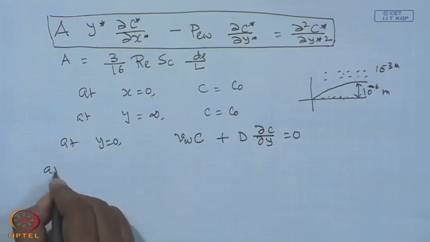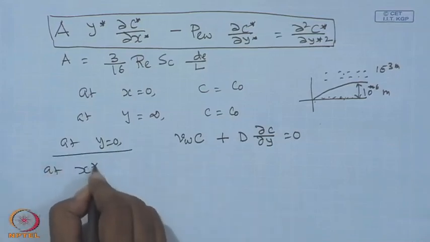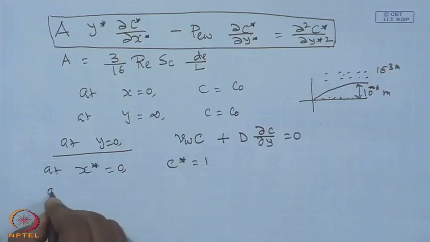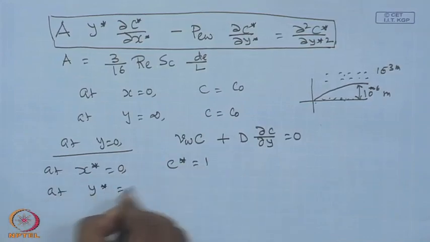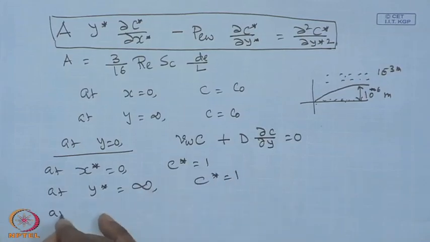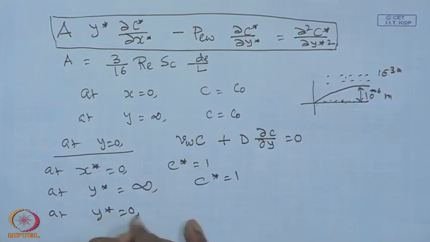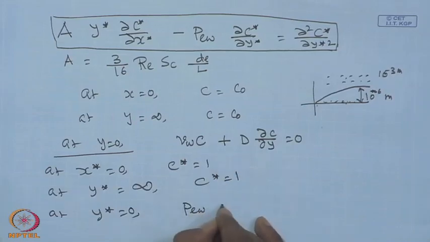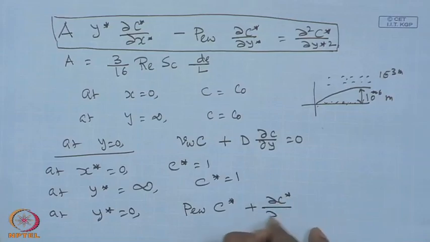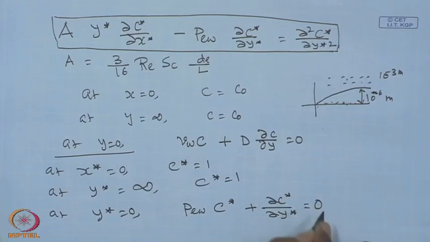So at x star equal to 0, your c star is equal to 1. At y star equal to infinity, your c star is equal to 1. At y star equal to 0, we make it non-dimensional, so this becomes Pe_w c star plus del c star del y star is equal to 0.